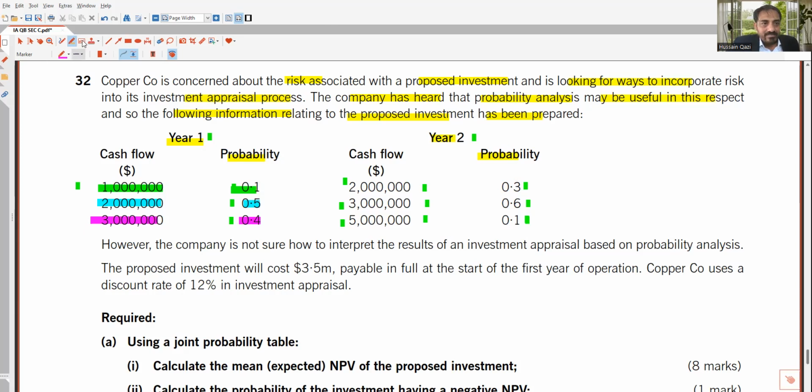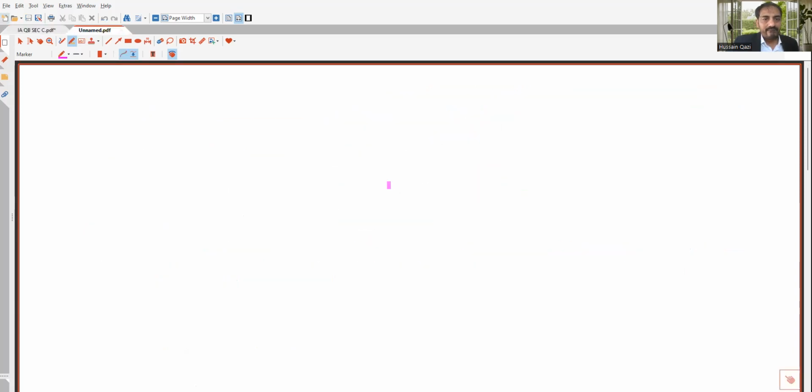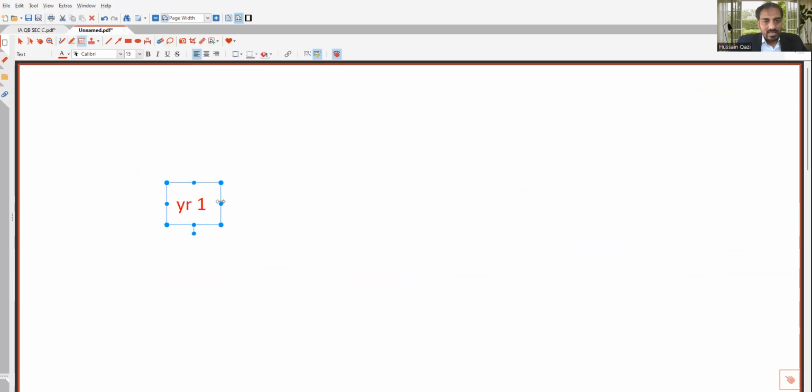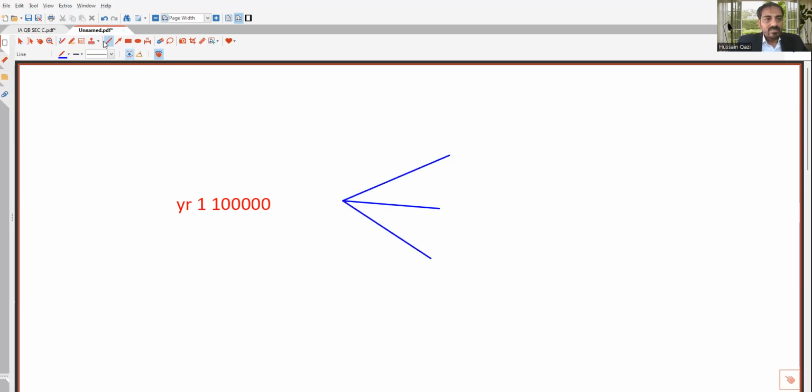So we can say in simple words that if year 1 has 1 million, whatever the probabilities, then for year 2 there are three possibilities.